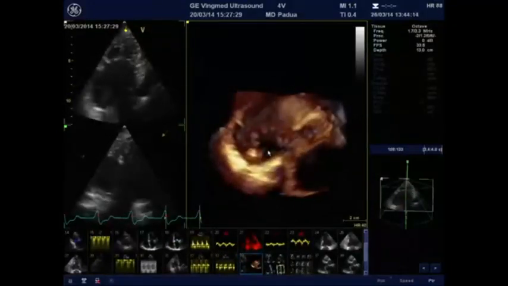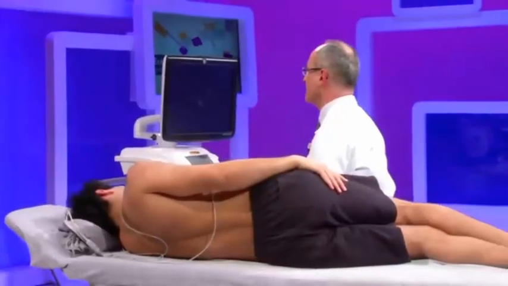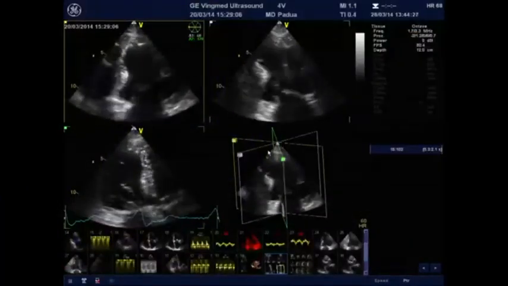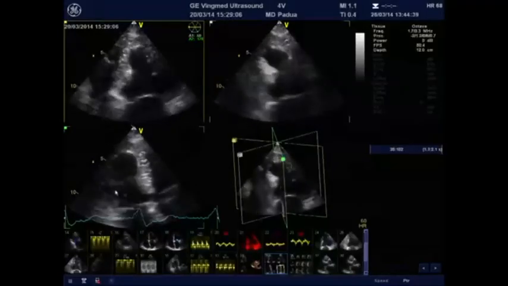Then your 3D echo probe also allows you to have more accurate measurements of the actual size of the left ventricle. You can use it as a multi-plane probe that will allow you to acquire in the same heartbeat all three views: the 4-chamber view, the 2-chamber view, and the long axis.